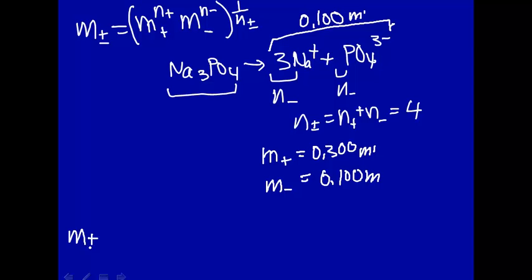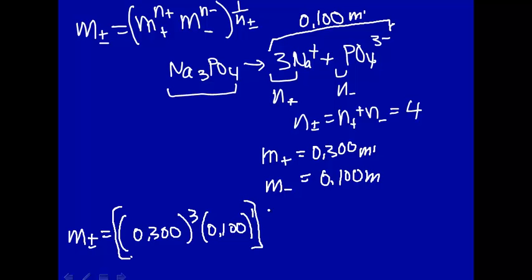So m plus minus is equal to m plus, that's 0.300, raised to the n plus, which was 3, times m minus, 0.100 raised to the first power, and this whole thing is taken to the 1 over n plus minus, which is 4, so the 1/4 power.